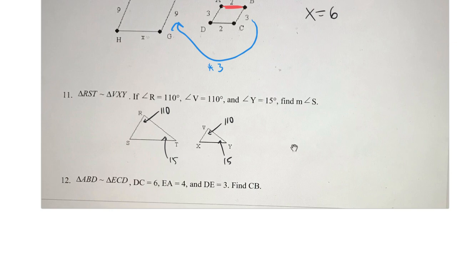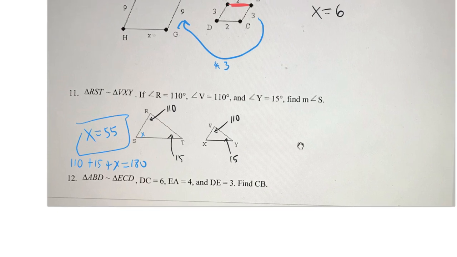And because all interior angle measures of a triangle add up to 180, we know that this right here we could call x. It's really the case that we have 110 plus 15 plus x equals 180. And then if you were to solve for x from there, you would have 180 minus, I guess, 125, which is 55. Okay, so there we go.